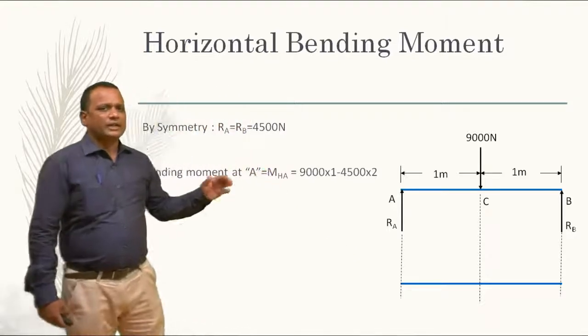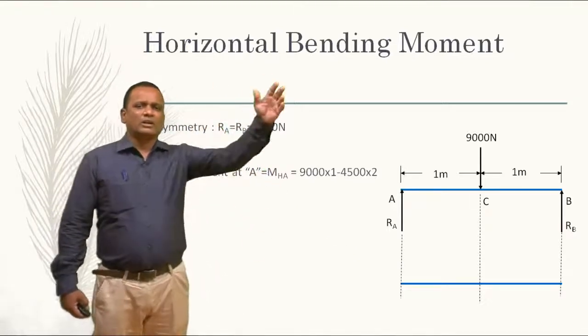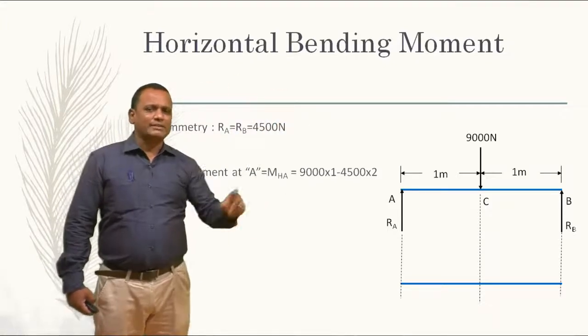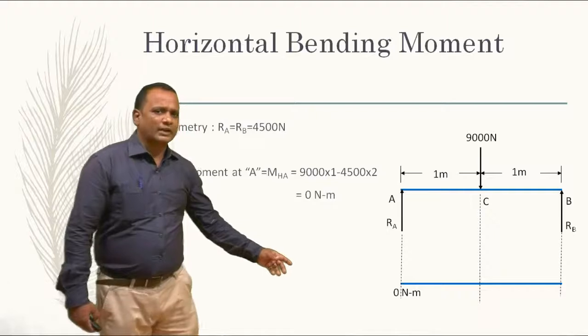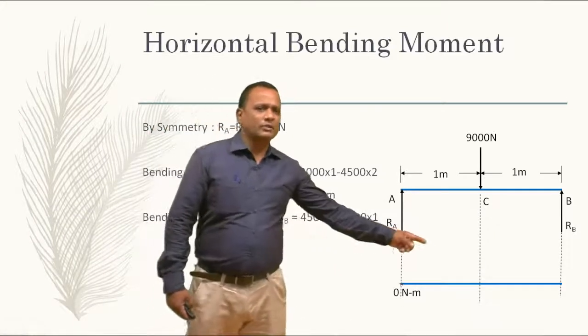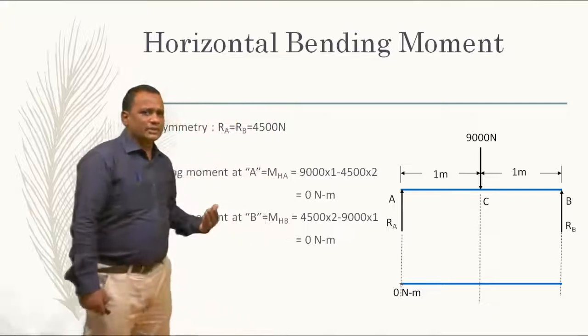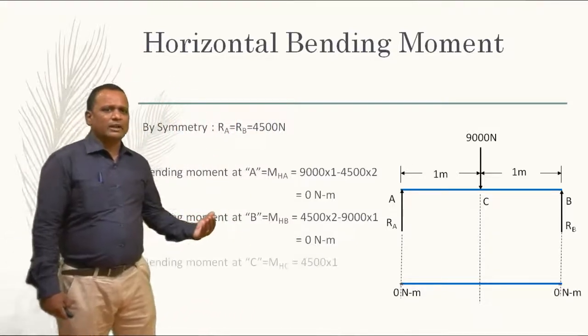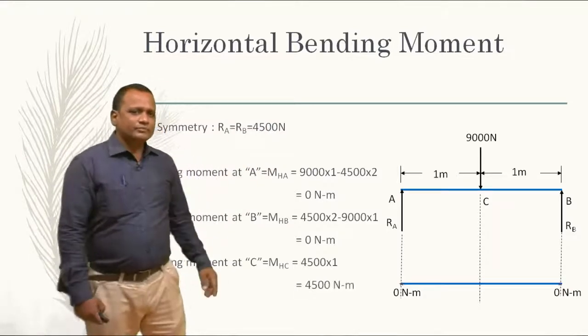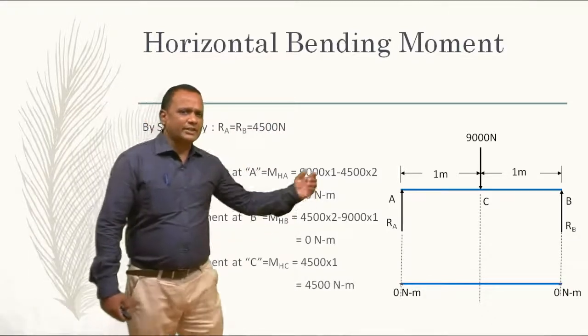As I said earlier, forces acting clockwise I consider as a plus and anti-clockwise as a minus. Therefore at point A it should be 0 Newton meter. In a similar way at point B also it would be 0 Newton meter, as you can see over here. And at the next point, as I said, it's very important to find the moment at point C. At point C, you can consider either the right side or the left side.